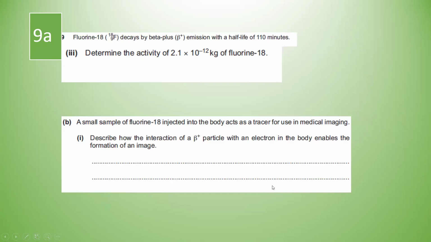How to determine the activity? A equals lambda N, where N equals N0 and lambda is our decay constant. First calculate your N. We calculated lambda.